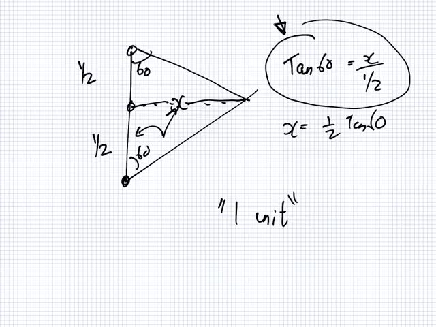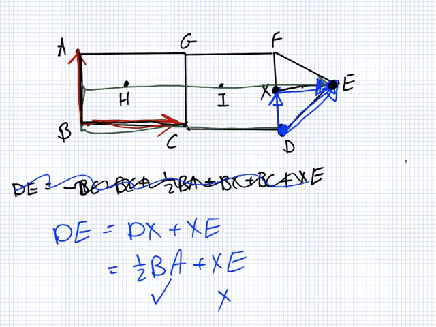What have we got? Tan 60 multiplied by a half equals 0.866. Okay, 0.866 units. So if you go back here, what I'm saying is, if this is 1 unit, then this one here is 0.866 units.